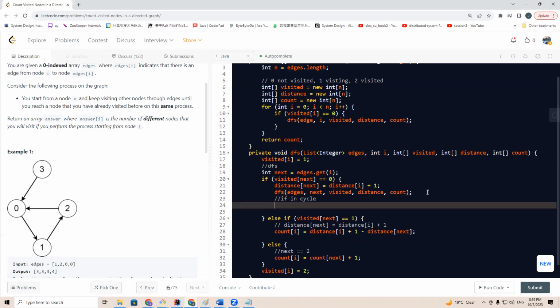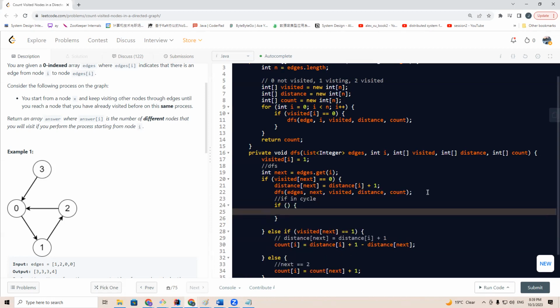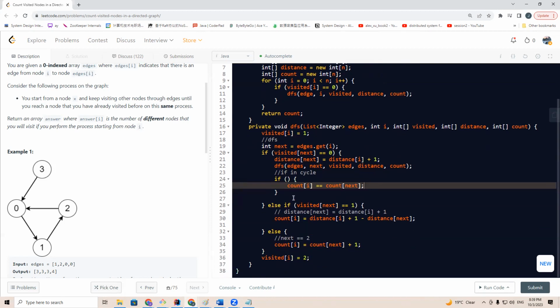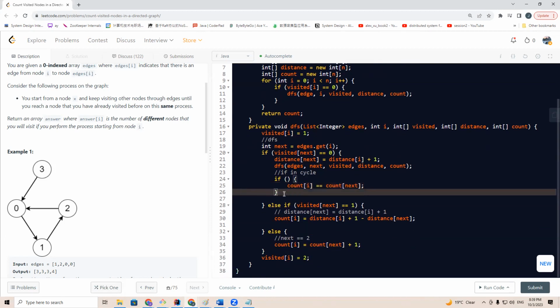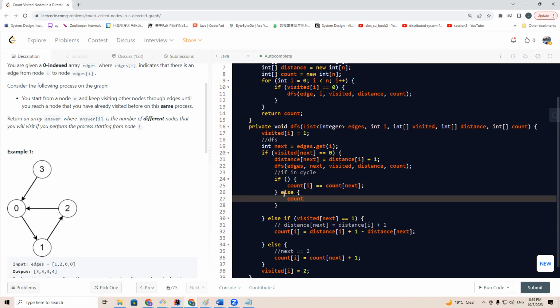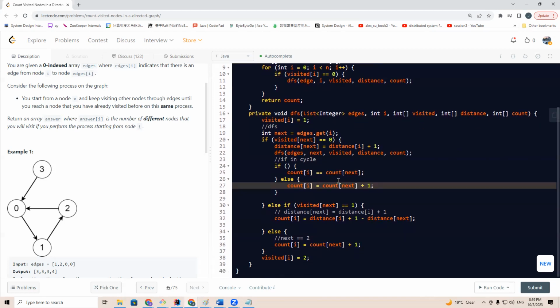If in circle, we'll have count I equals count next. If not in circle, else, let's have count I equals count next plus 1.